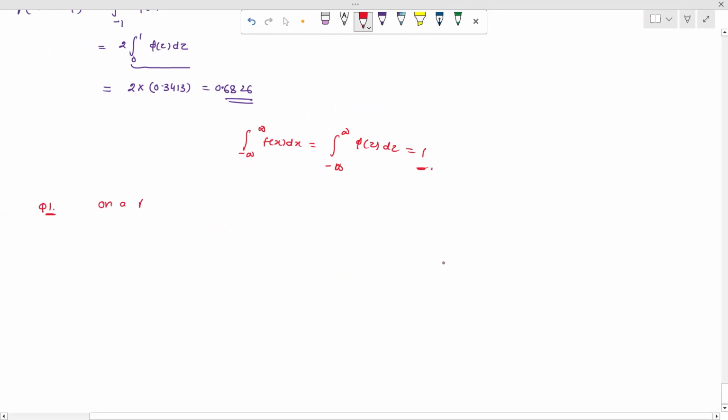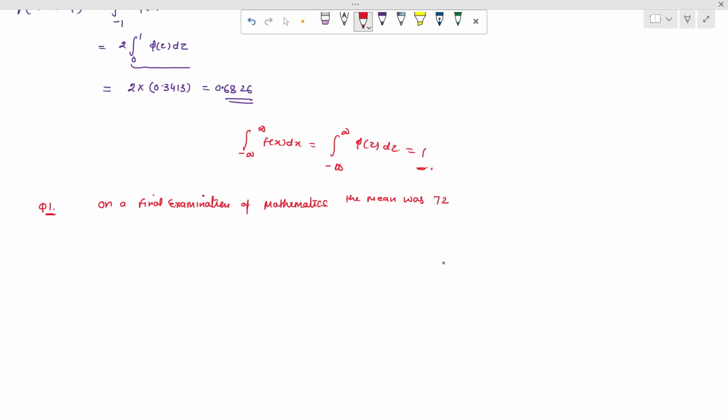On a final examination of mathematics, the mean was 72 and standard deviation was 15.